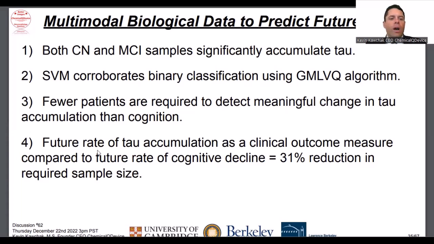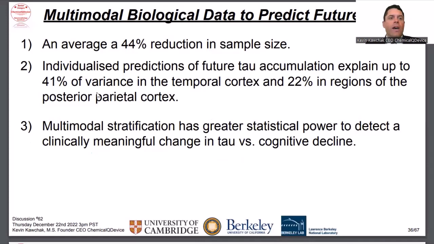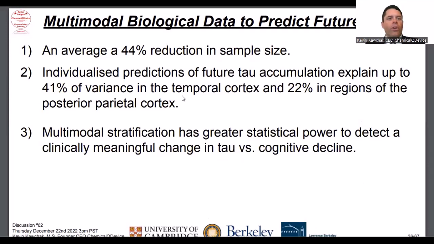And future rate of tau accumulation as a clinical outcome measure compared to future rate of cognitive decline, 31% reduction in sample size. Now, they keep posting these things, so you have to be careful in this specific paper, this Berkeley paper. But on average, 44% reduction in sample size, which is good.